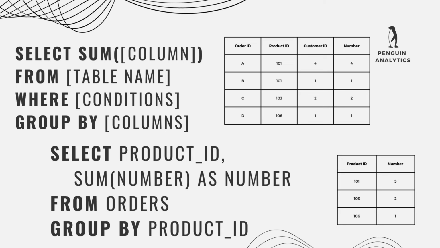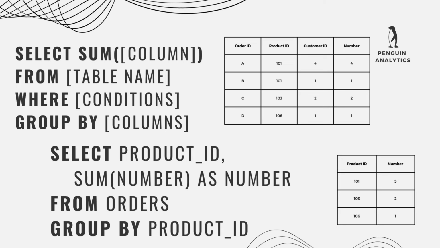In the example that we're looking at here on the bottom, you can see that we sum up all of our number column by the product ID. So we have the total number sold for each product ID. To do that, we include the product ID column, we wrap our number column in a sum function, we give that column a name, so as number, and then we group it by the product ID column.